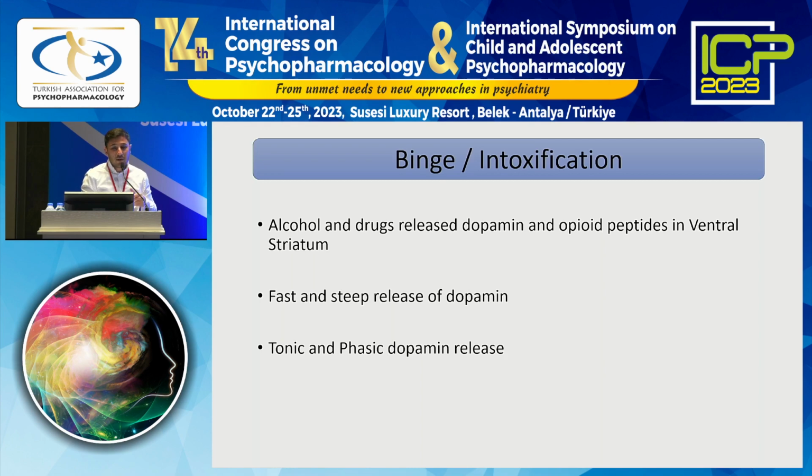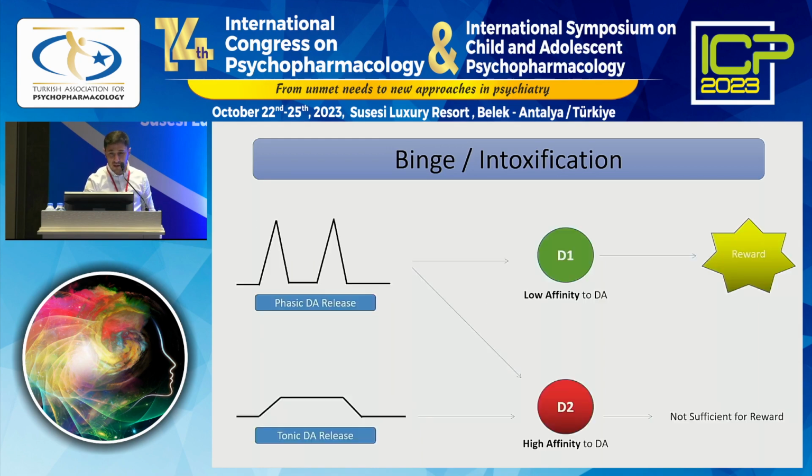The pleasure-related effect that emerges leads to the fast and steep release of dopamine. To get into the details, there are two ways of release of dopamine, phasic and tonic releases. Tonic releases are most of the time the slow rising and long lasting releases, whereas the phasic releases are about sudden increase of dopamine, leading to these impacts.